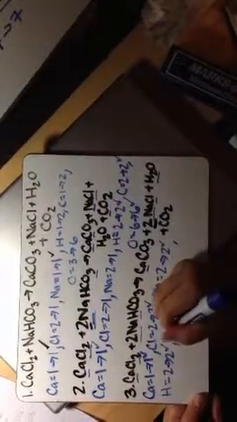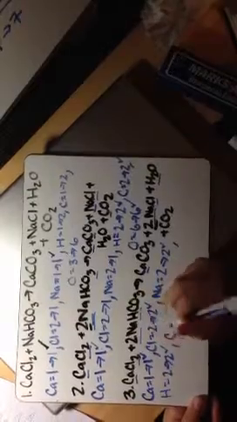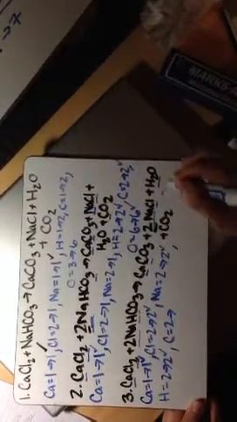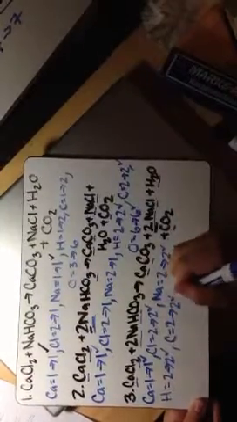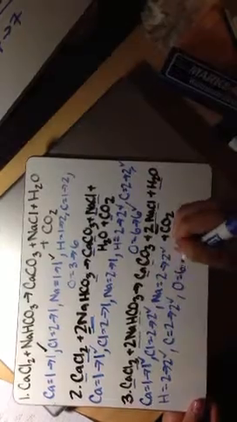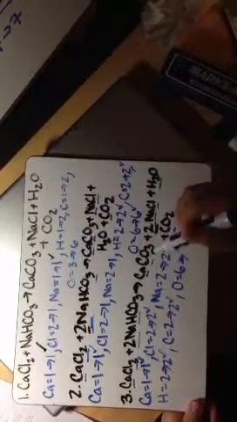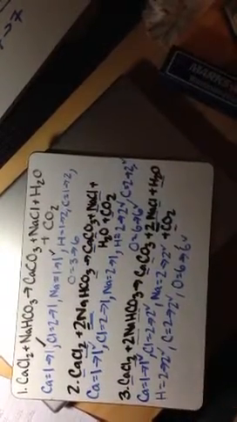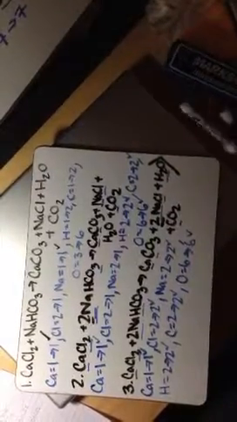Perfect. For C, we've got 2 to 1, 2. Perfect. And our last one, oxygen, we've got 6, 2, 3, 4, 5, 6. Awesome. So here in step 3 is our balanced equation. And that's it.